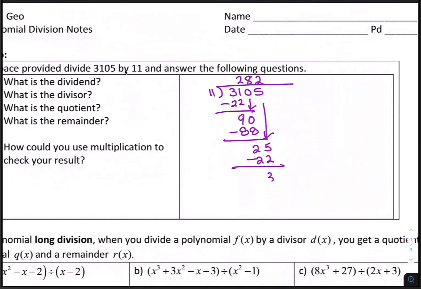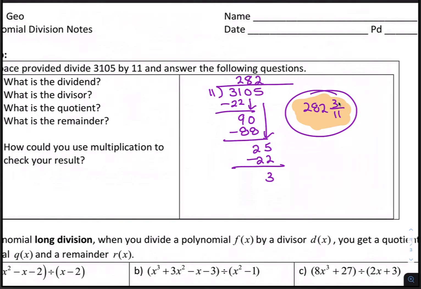Subtract, you get 3, and 3 is going to be your remainder because there's nothing left to bring down over here. So your answer would be 282 and 3/11. That's your remainder over your divisor. So the answer again is 282 and 3/11.